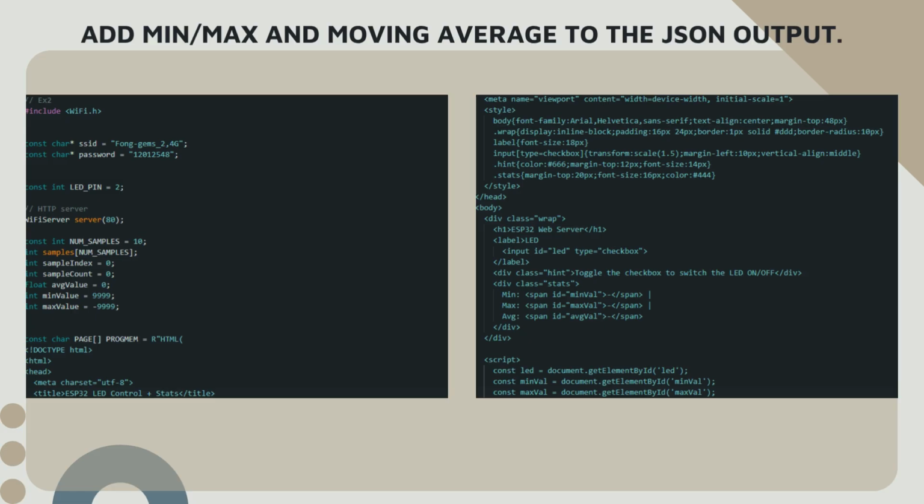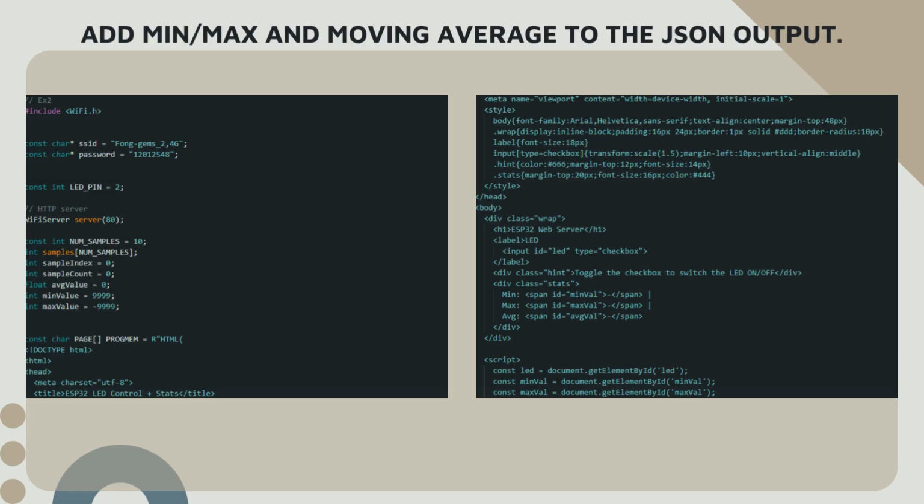The second exercise is to add the min, max and moving average to the JSON output. For this one we have to apply min, max and moving average to the JSON, so we have to set the min, max and average.